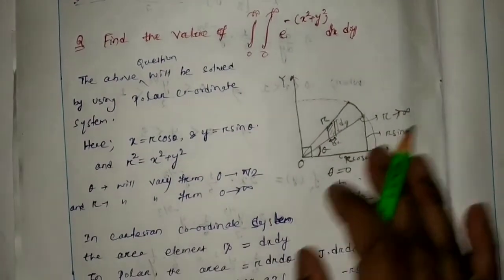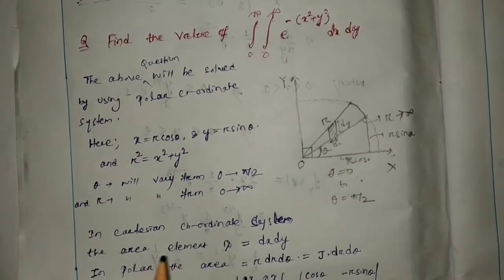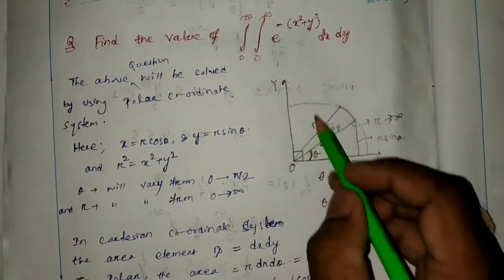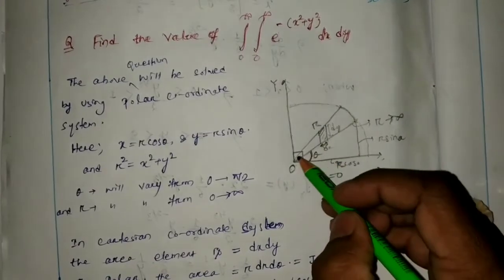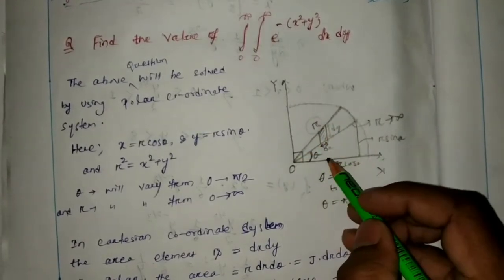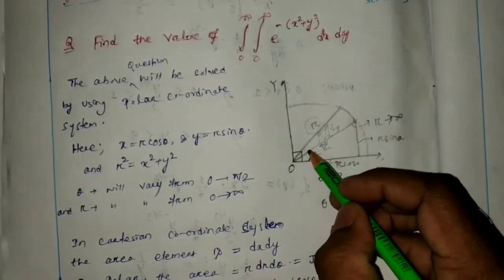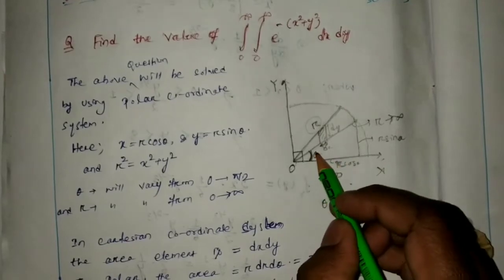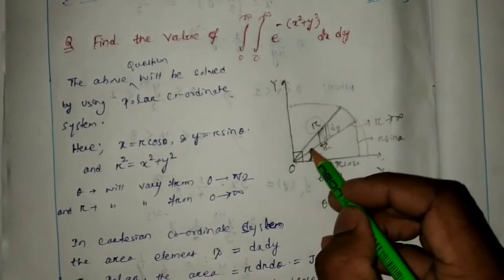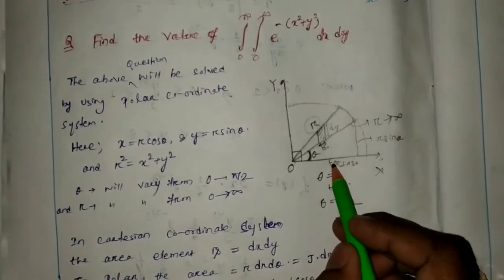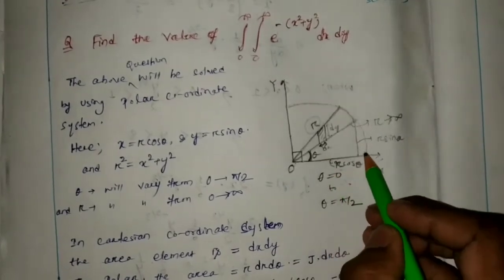Okay, so here you can see, if we consider this small area, then this length is considered as r, suppose, and this angle suppose theta. So if this is theta and this is r, this is also r, then its x component will be r cos theta and y component will be r sin theta.